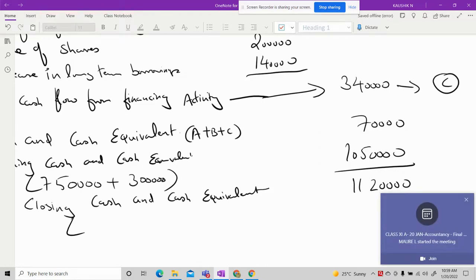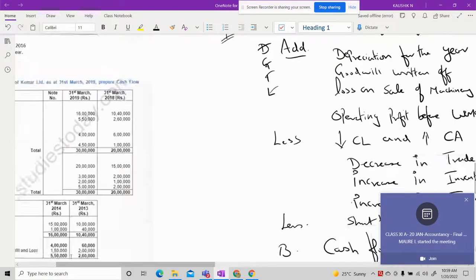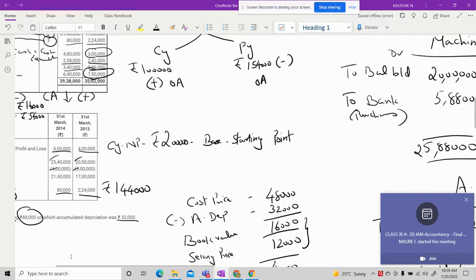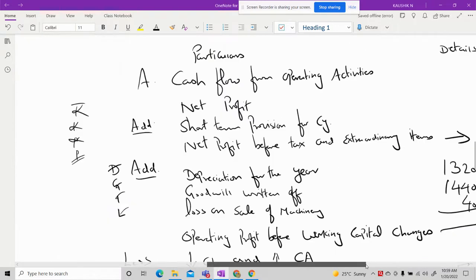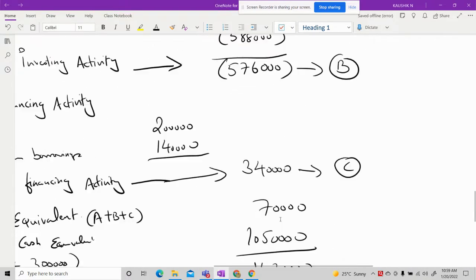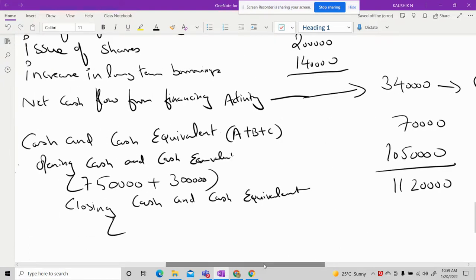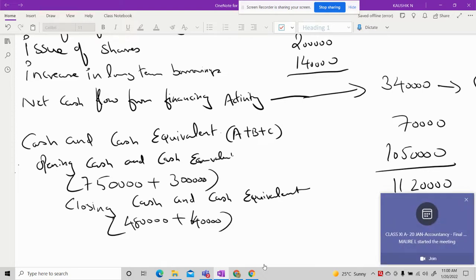If you look at the question, the closing cash is mentioned as 6 lakhs 40 and 4 lakh 80. Adding these two gives the value. I hope it is clear to you, right? It is the clubbing of 4 lakh 80 plus rupees 6 lakhs 40, which gives me the net total.